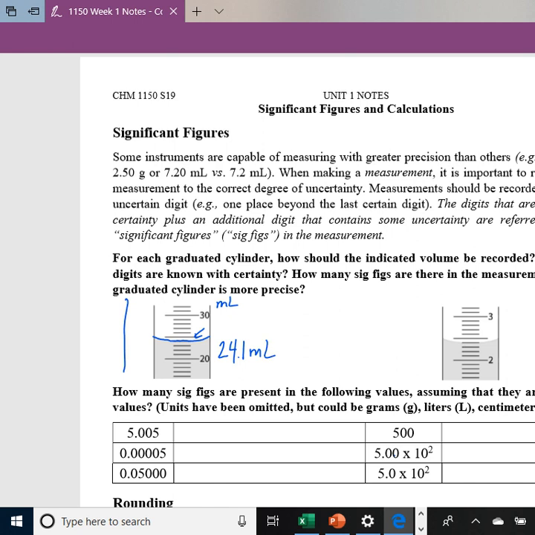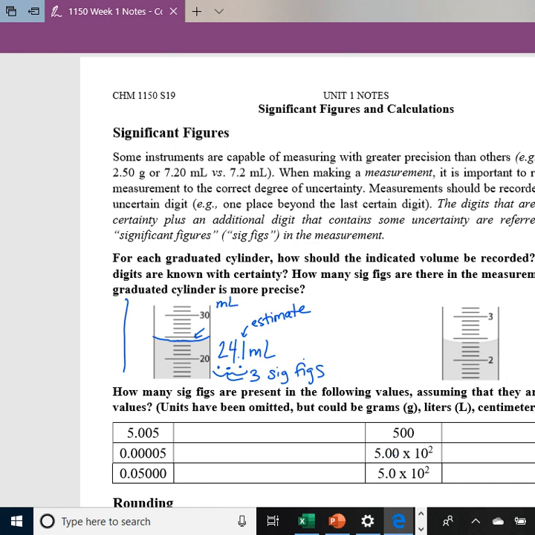This one right here is the first number that I had to estimate. Because of that, it's the last number I write, but it's also significant. So for sure, I knew that the 2 was certain, and the 4 is certain, and the 1 is uncertain. And those 3 together give me 3 sig figs.